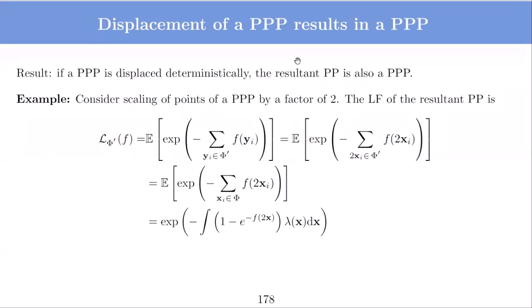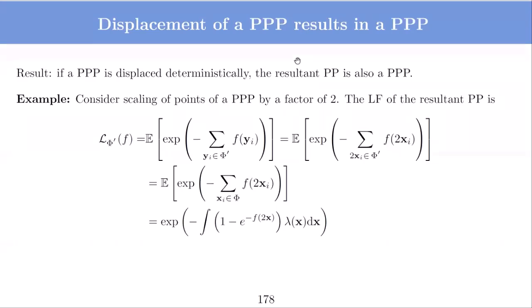Now next we will cover a result. What we saw is that if we displace, the density can be computed, but we do not exactly know the distribution of the new point process. In general it is hard to say what will happen once you displace, but for the PPP case, we can show that if you displace, you also get a PPP with a slightly different density.